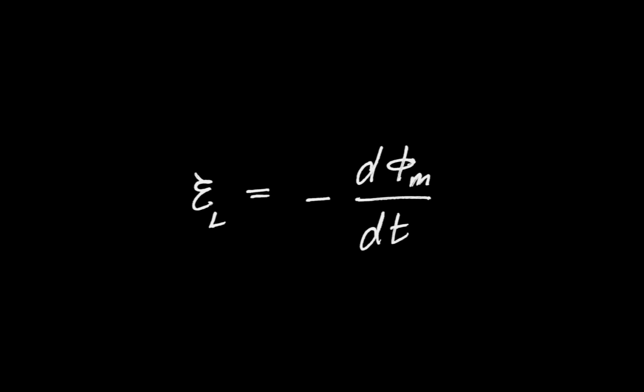So here I have electromagnetic induction, which means I get an EMF that is induced in a wire loop as a result of a magnetic flux that has some time dependence. If the magnetic flux is constant in time, then the derivative of the magnetic flux with respect to time is equal to zero, and there'll be no induced EMF whatsoever. So I'd like to discover what are the ways in which I can have a time-dependent magnetic flux.